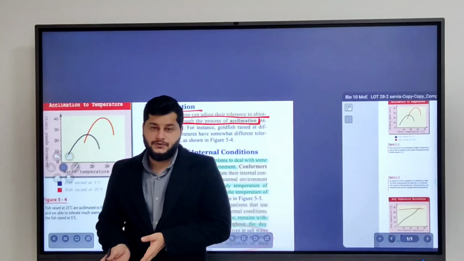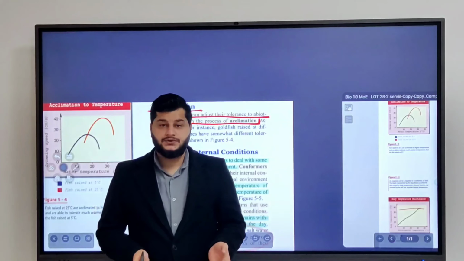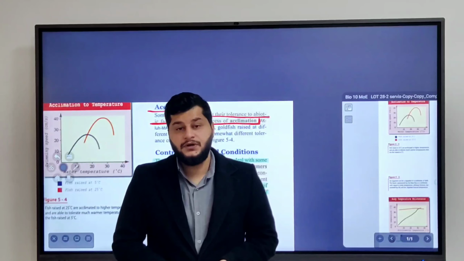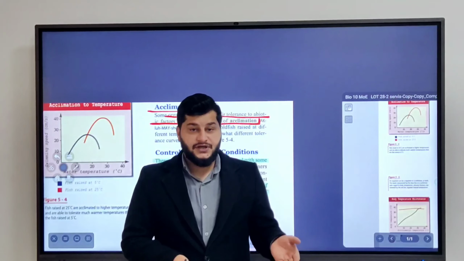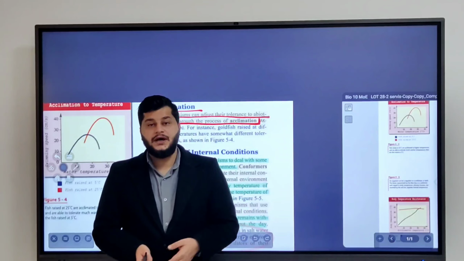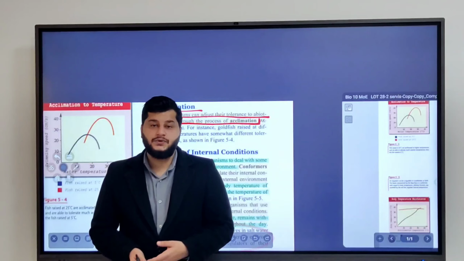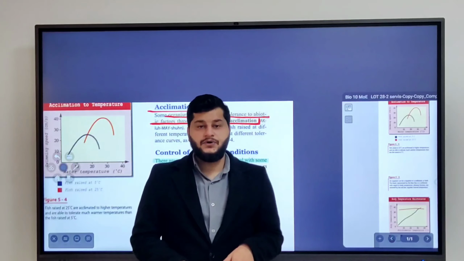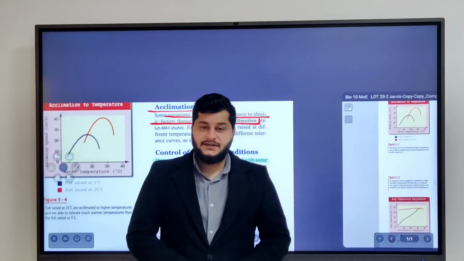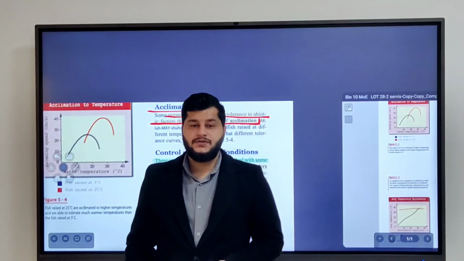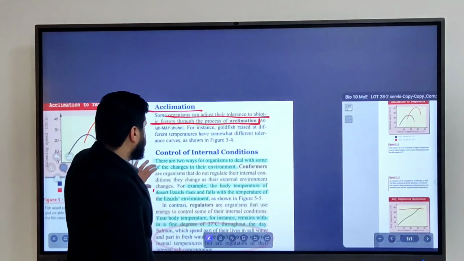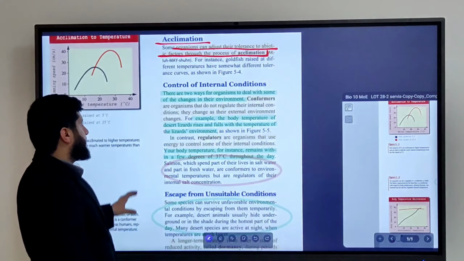A fish is born in Norway and a fish is born here. Which one will endure high temperature more? The one here will endure higher temperature. But if I ask which one endures low temperature more, you will tell me the fish that lives in Norway. It's normal because the temperature there is lower than here.